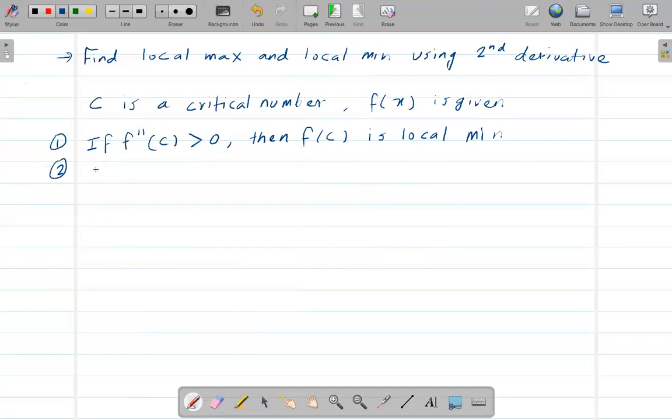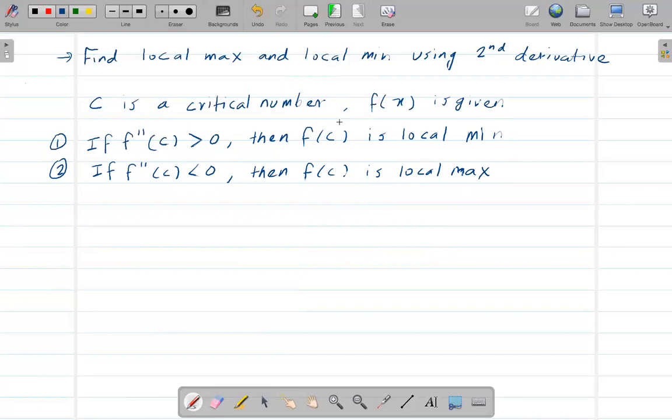And if f double prime of c is less than 0, then we say f of c is a local maximum. So don't be confused with this. If the double prime is positive, it is a local minimum, and if the double prime is negative, then f of c is a local maximum. Keep this in mind.